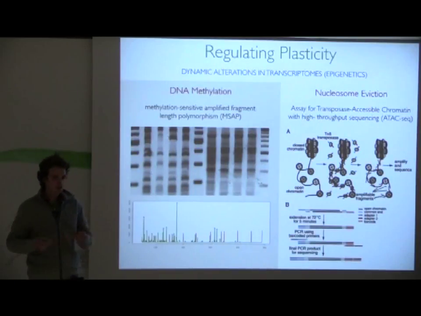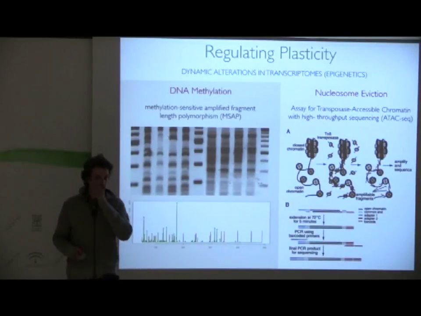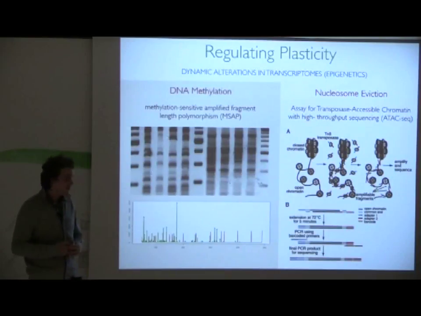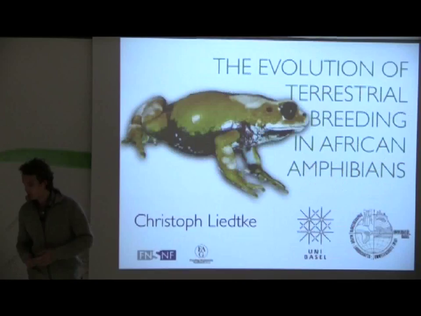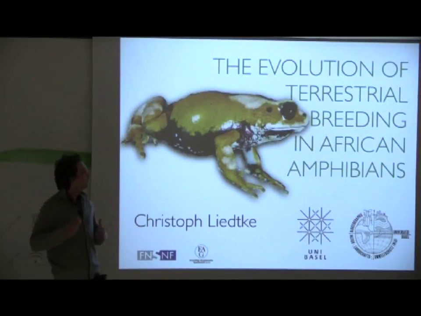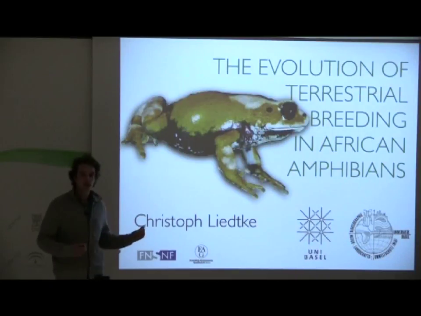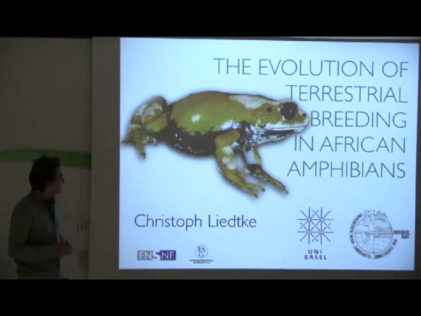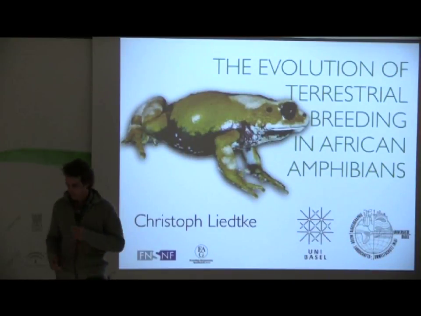So this is all still really much in the pipeline, so I don't really have anything to talk about here, which is why I'm going to stick to life history in amphibians, but I'm going to talk to you more about the work I was doing before I came here in Switzerland. And that was looking at the evolution of terrestrial breeding in African amphibians.